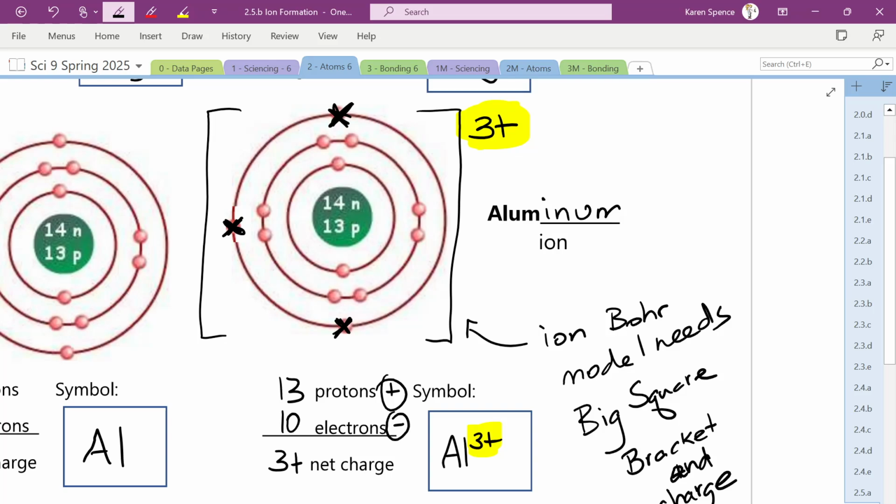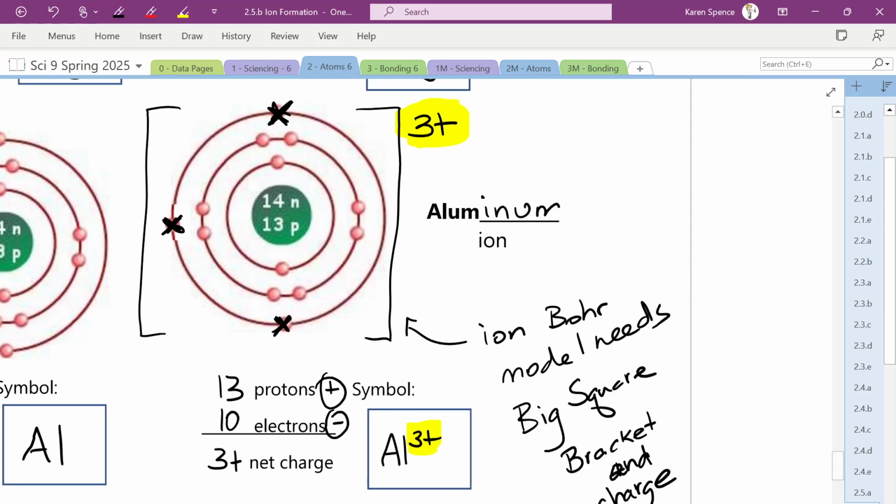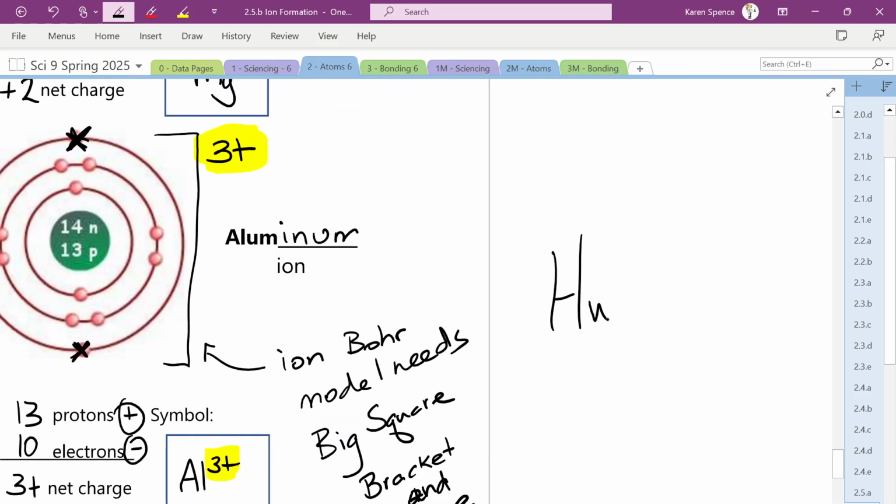So I'm going to let you do page 102 and 103 for homework. Now, before you all pack up, stop, look and listen.